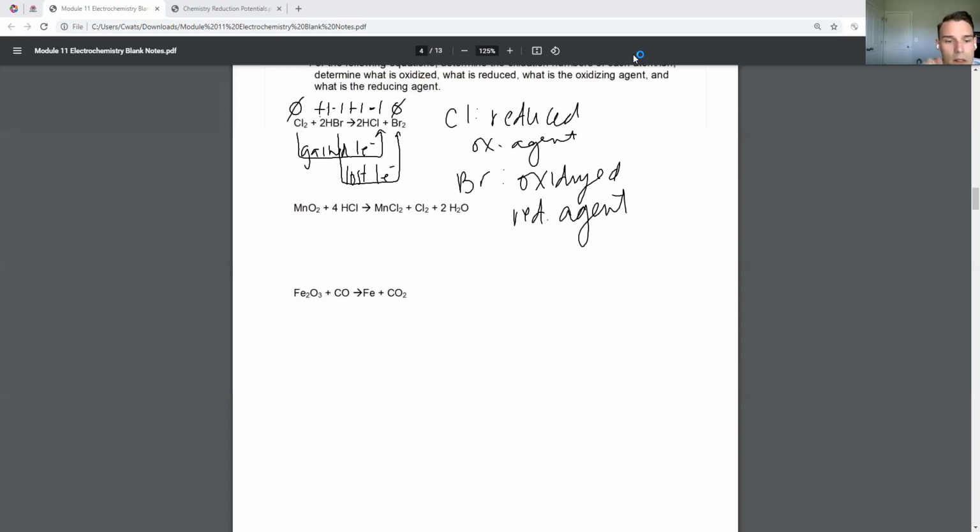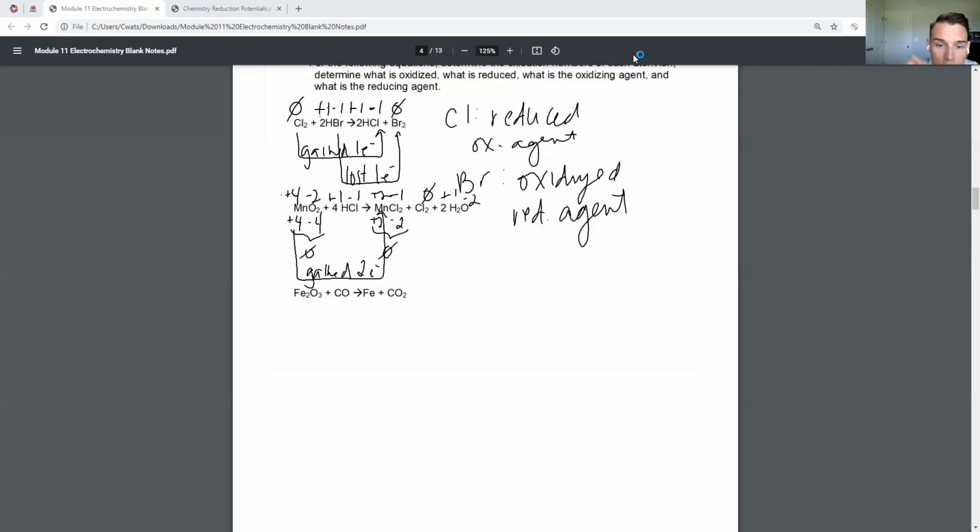Okay. The next one, oxygen, we know is going to be -2. That's -4, overall 0, so that must be +4. Chlorine and hydrogen. Chlorine is going to be -1. That's -2. So the manganese is +2. That chlorine is 0. So what changes? The manganese goes from a +4 to a +2, so it gained 2 electrons.